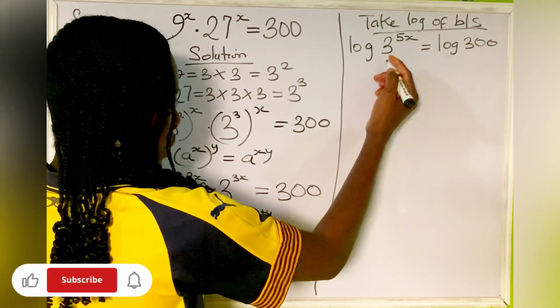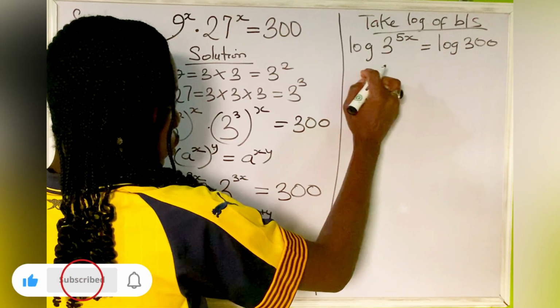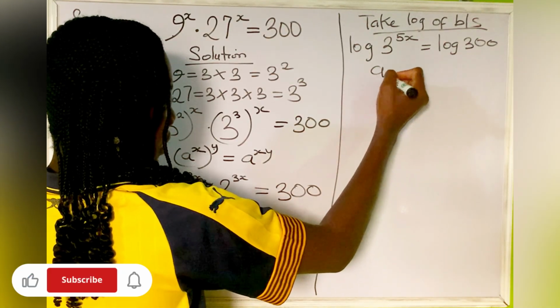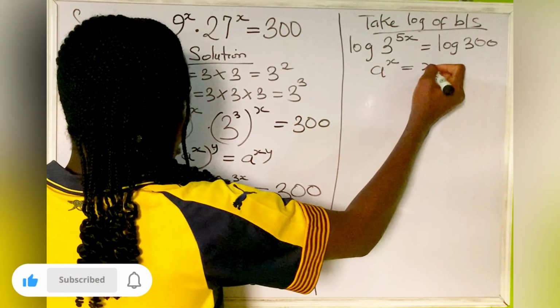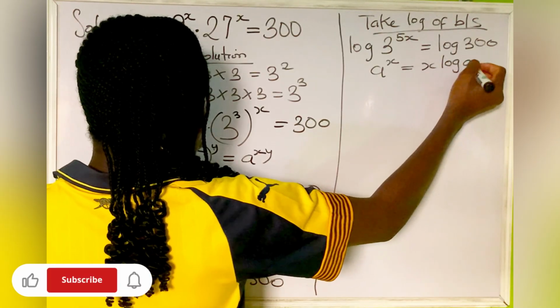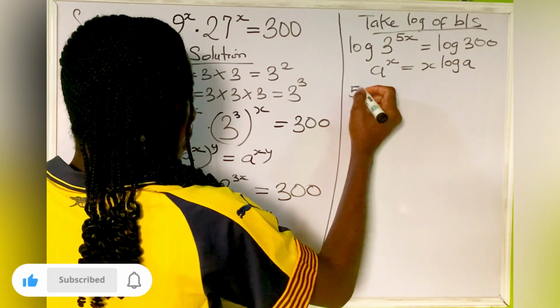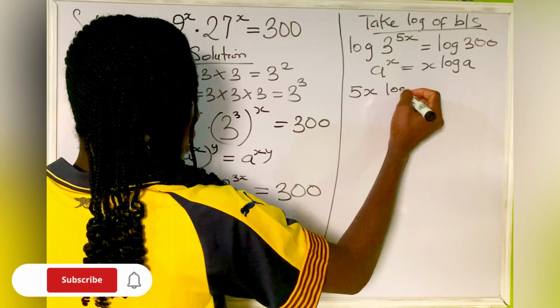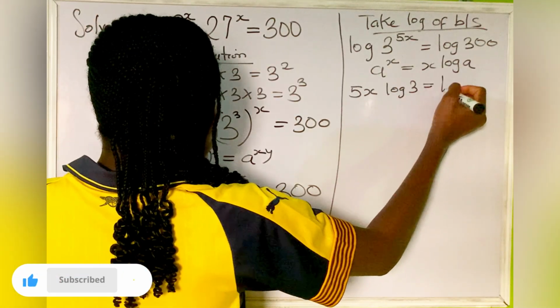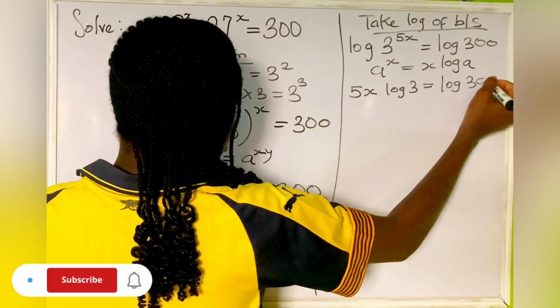In this situation, you have an exponential rule that says log a to the power of x is the same thing as x log a. So this becomes 5x log 3 is equal to log 300.